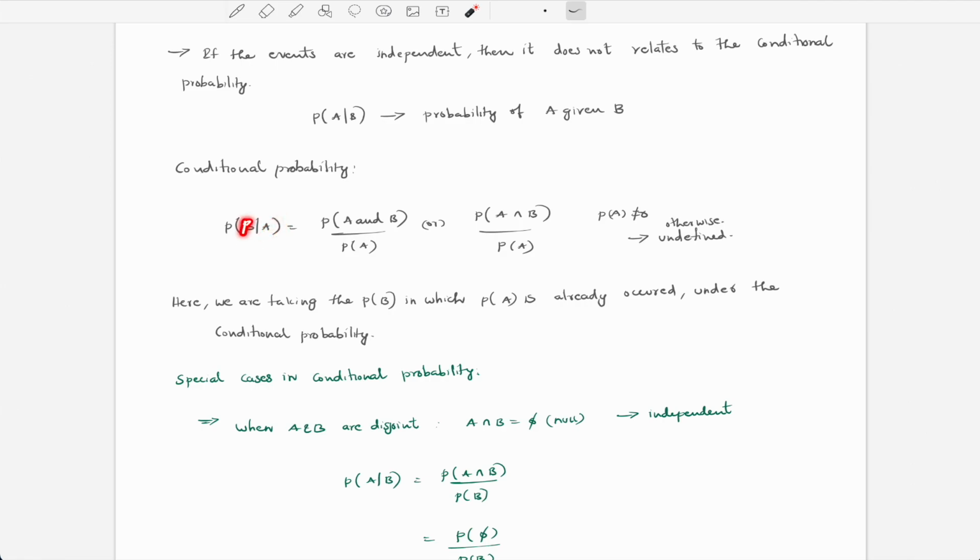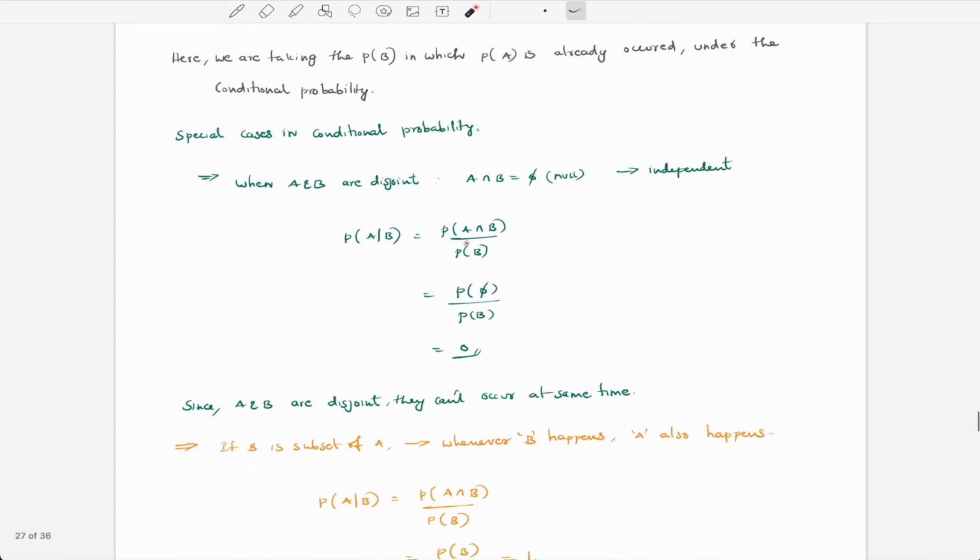How are we going to find that conditional probability? The probability of A and B divided by the probability of A, or the probability of A intersection B divided by the probability of A, if P of A is not equal to 0. If it is equal to 0, then it is undefined, right? I hope you understand this.